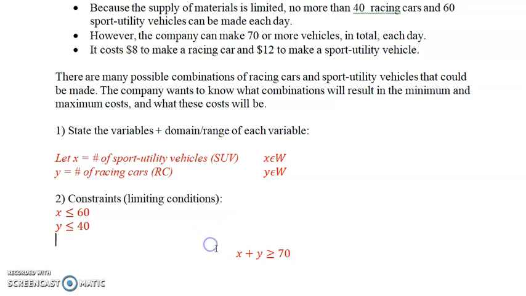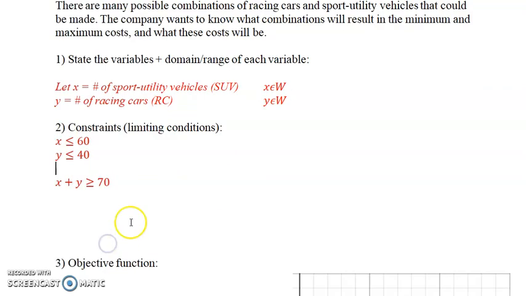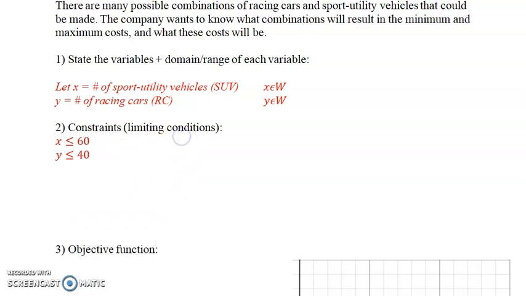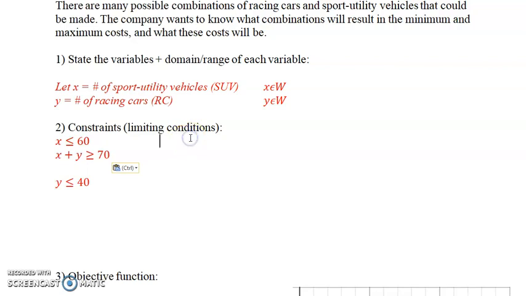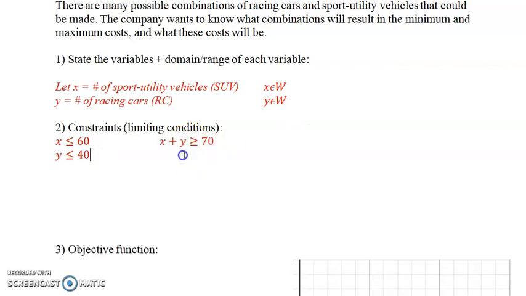All right. So I'm going to rearrange that one. I'll bring that one up here so I can rearrange it. Doesn't matter where you put them. And we can rearrange this for Y. Y has to be greater than or equal to negative X plus 70.